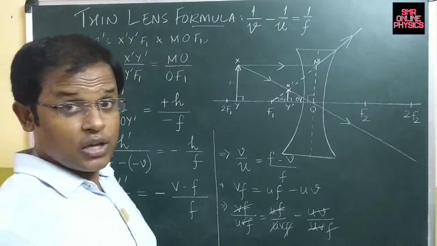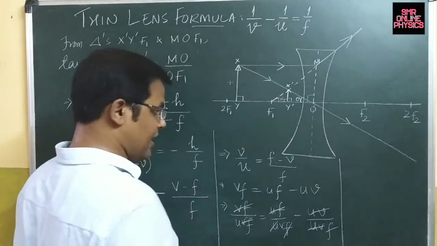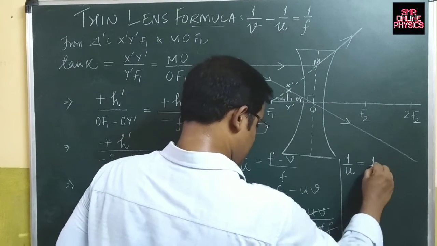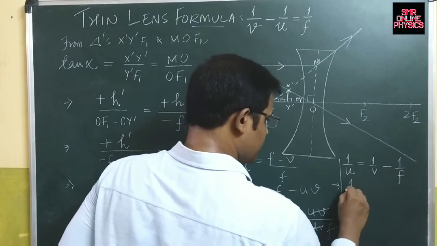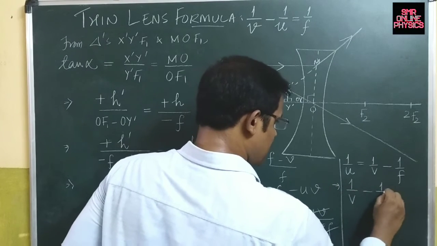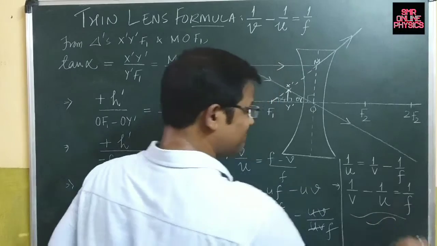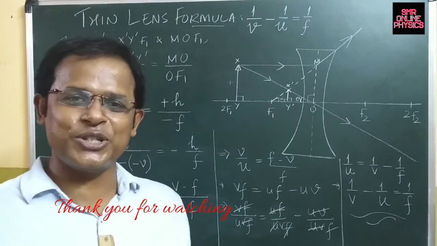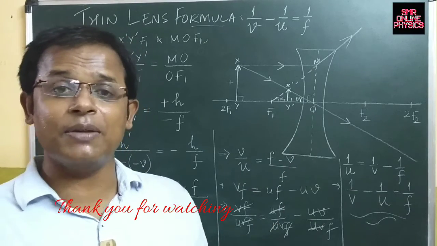Hence, what you are left with, should I show you? Absolutely yes. This is 1 by u equals 1 by v minus 1 by f. Just a small rearrangement: 1 by v minus 1 by u equals 1 by f. The kids watching this class should definitely enjoy how easy it is to get to the lens maker's equation and the thin lens formula applicable for lenses.